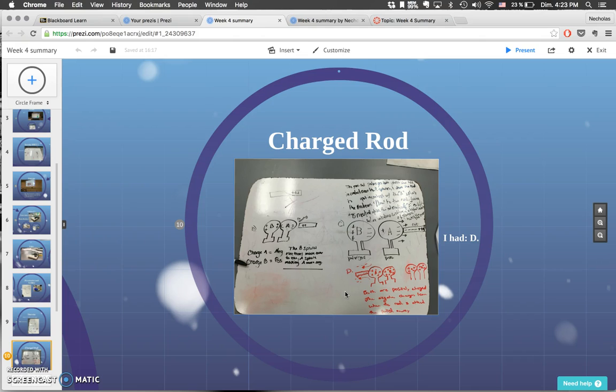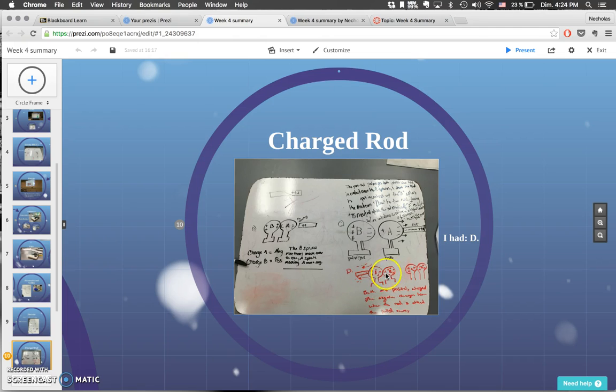Okay. On Thursday, we also did whiteboards with a charged rod. So I personally had D over here, and the experiment was when both of them are charged, and then a negatively charged rod or a positively charged rod is placed near the two touching balls, what will happen when the rod is taken away.